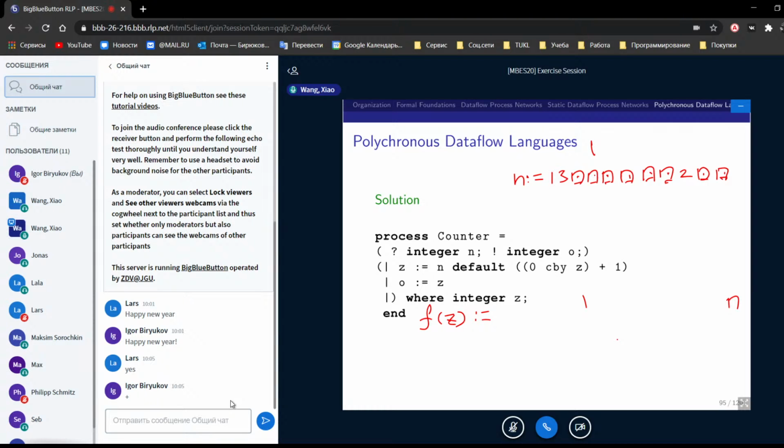We are computing a fixed point, by the way. We start with z being the empty sequence. And here, z is the empty sequence.